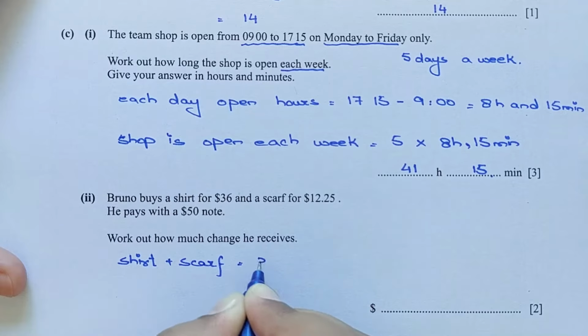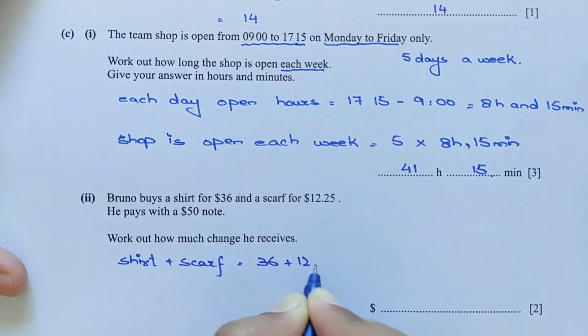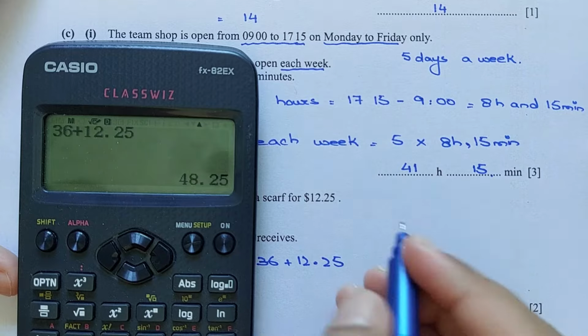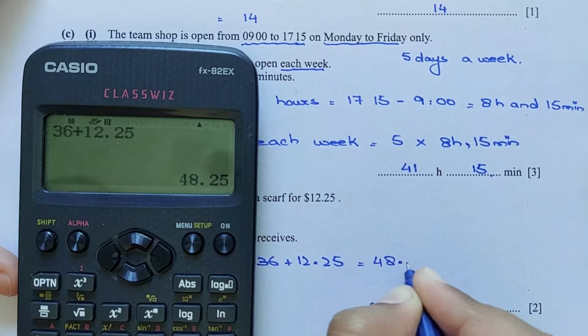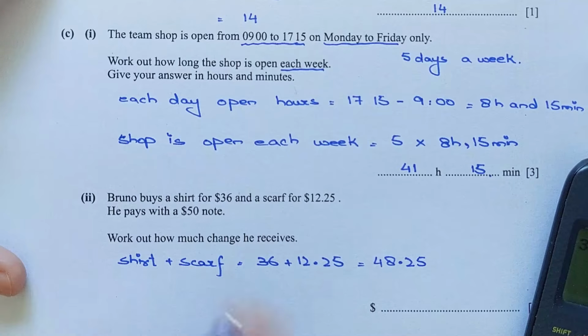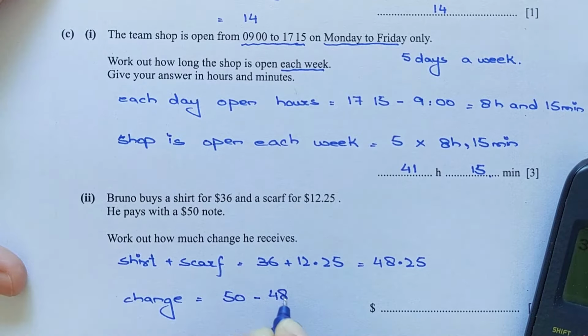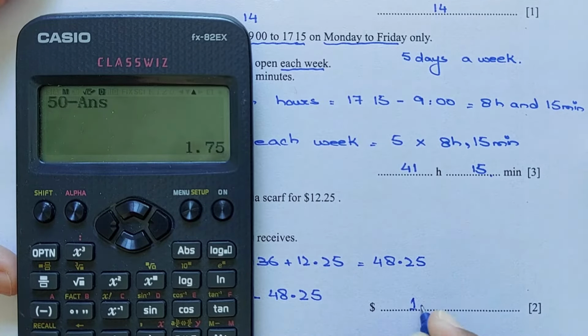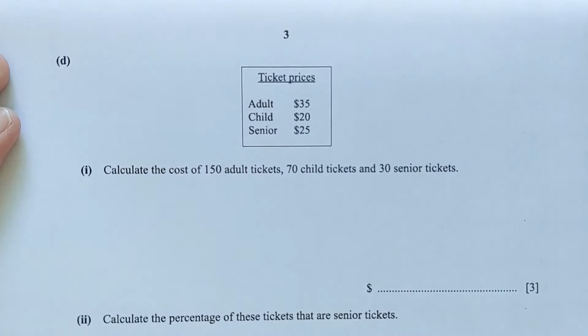The total cost is $36 plus 12.25. 36 plus 12.25 is 48.25, the total cost. Now change, how much change he receives from $50. So from 50 subtract 48.25, which is 1.75. $1.75 is the change.